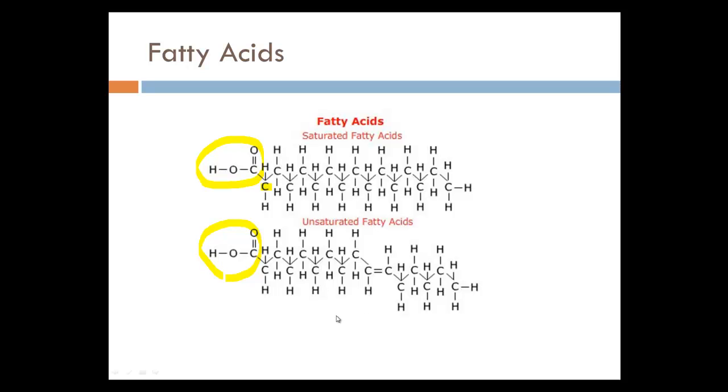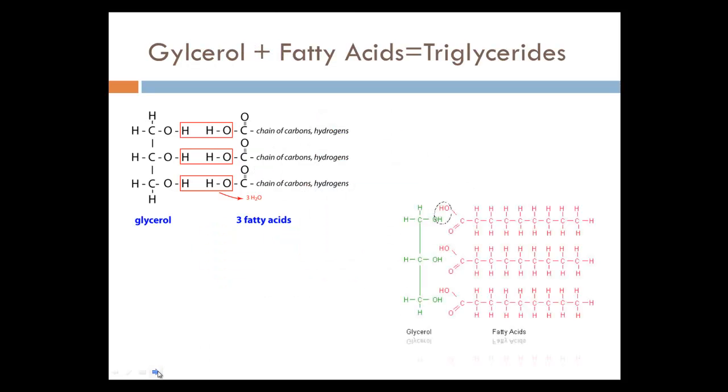And since we have less hydrogens here than we do up here, we have what's called a double bond between a pair of carbons. And that double bond can appear anywhere in any number. So whether you have one double bond or 100 double bonds, it is considered an unsaturated fat. If it has no double bonds, then it is a saturated fat. And so that's the difference between those two.